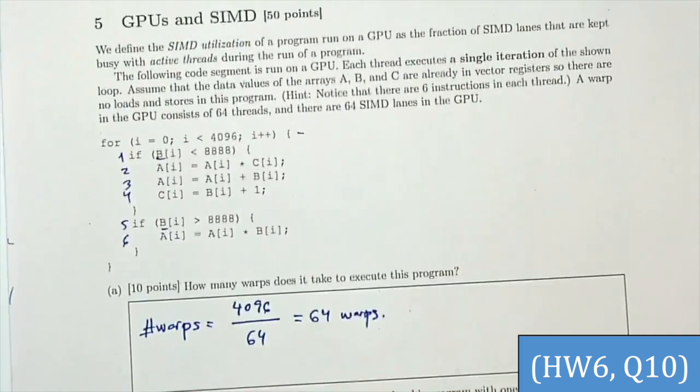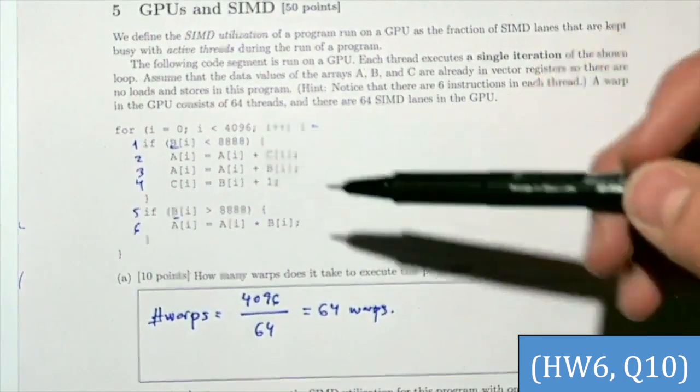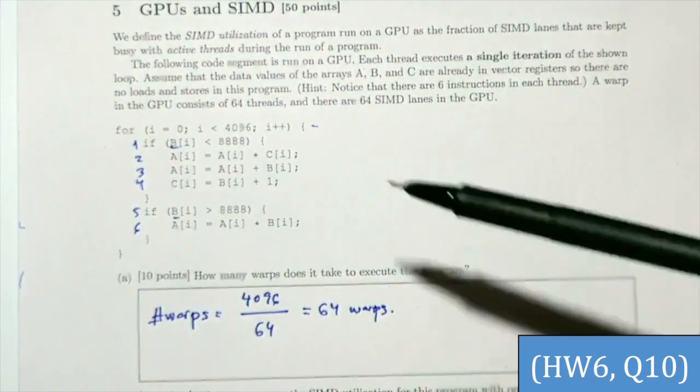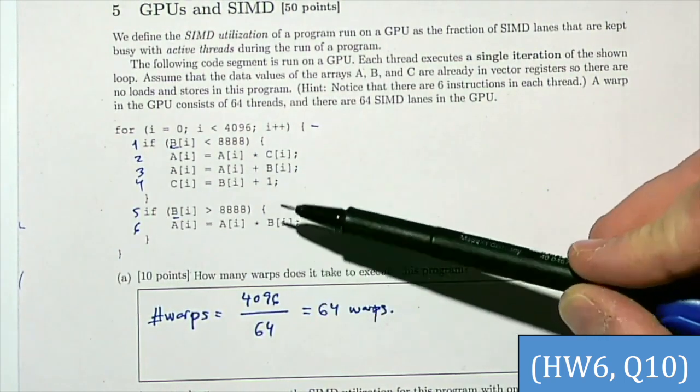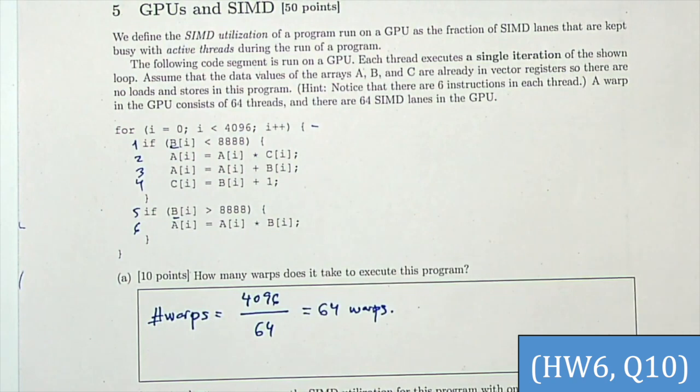And why is that? Because depending on what's the particular value of B, each thread will go through this if statement or this if, or none of them. Why is that? Because there are 3 possible values that are important for B[i]: 8888, which means we don't execute either of the 2 paths, or greater than or less than.